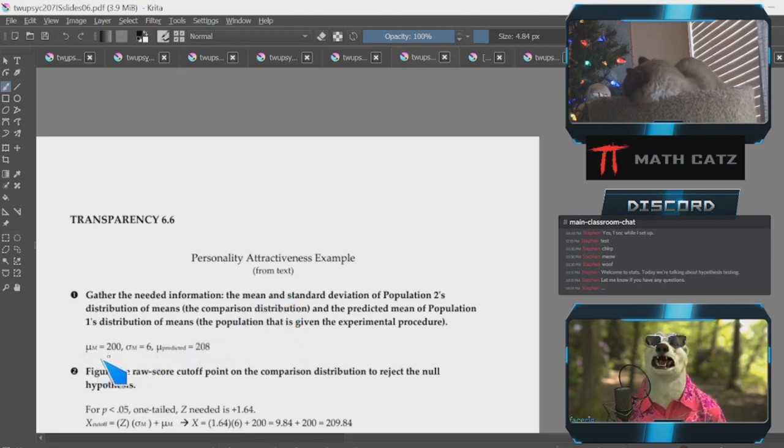We have our baseline population of 200 and we're trying to see if the rating increases by way of this extra information provided to the people in the survey. And what we got was our sample mean, which we get as 208.